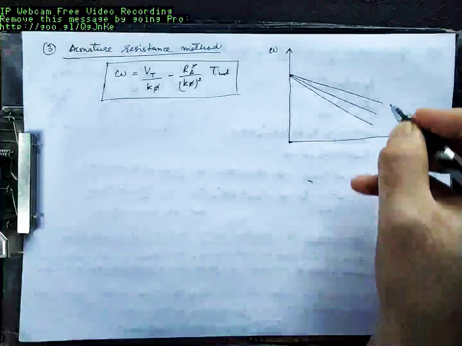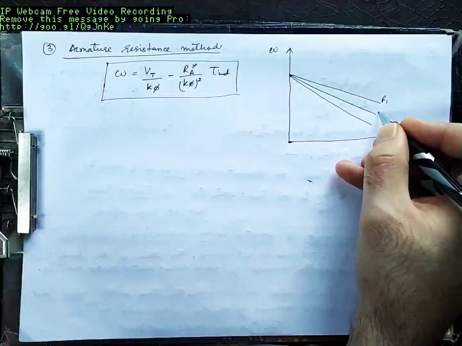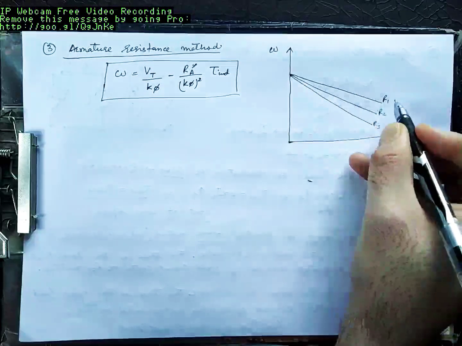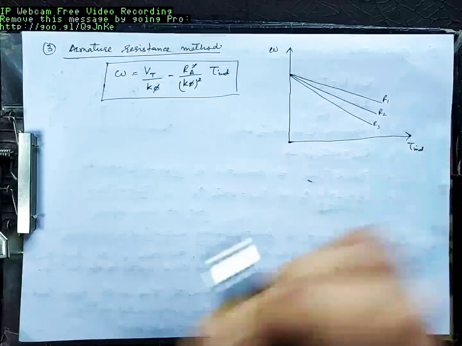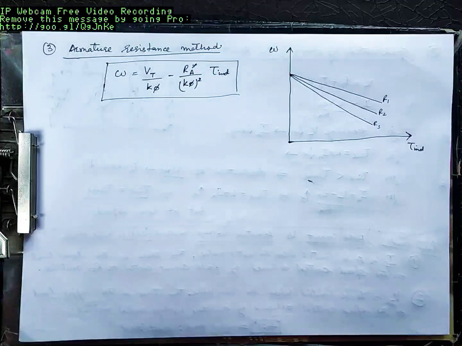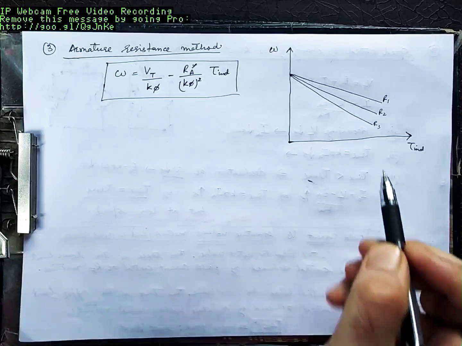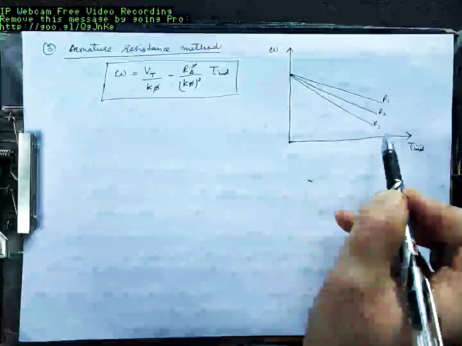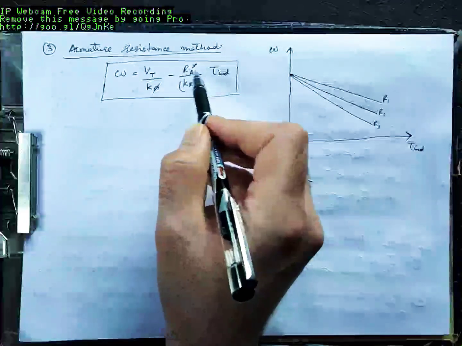Let's call this R1, this R2, this R3. That means the slopes correspond to resistances R1, R2 and R3, armature resistance of course. Which one is steeper? R3 is steeper. So which is the largest value among the three? R3, because slope is equal to Ra by k phi square.